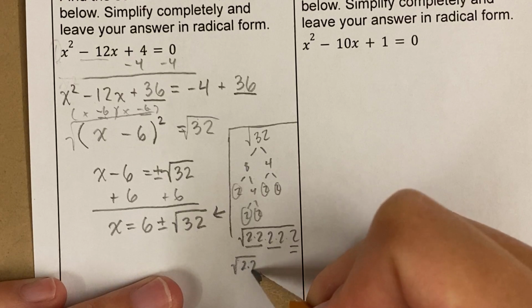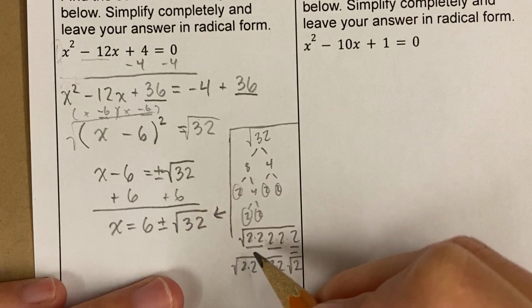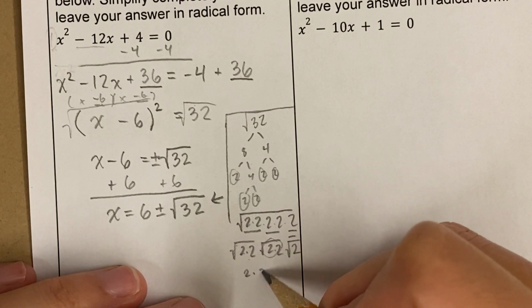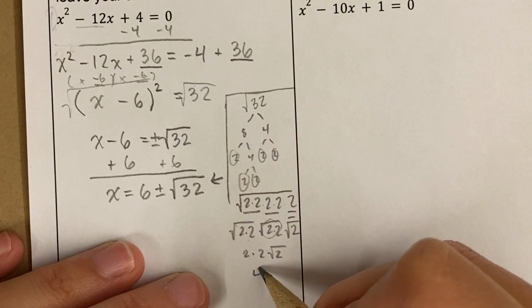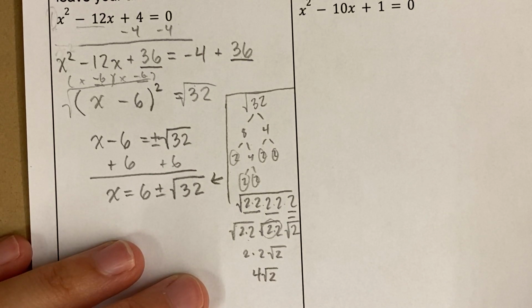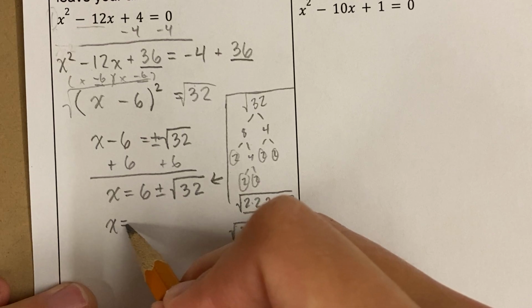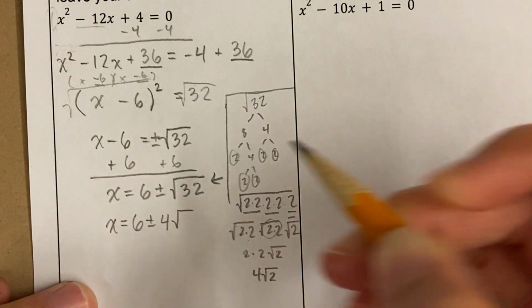So this became this. And remember this was 2 times 2 is 4, but it's the square root of 4. So that became 2, this became 2, this became the square root of 2. This square root of 32 becomes 4 root 2. So this becomes x equals 6 plus or minus 4 root 2.